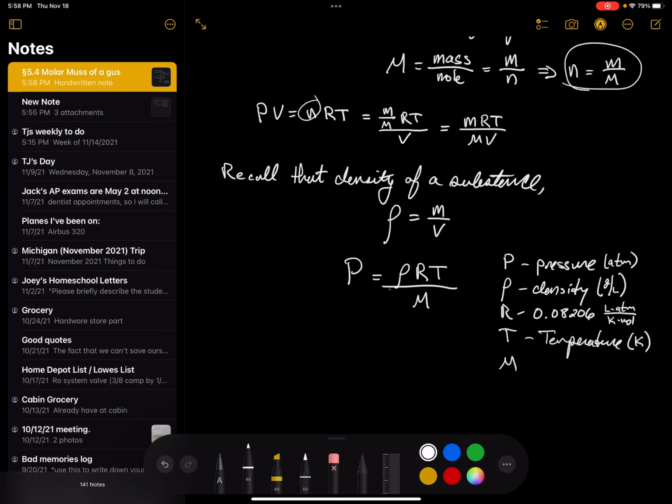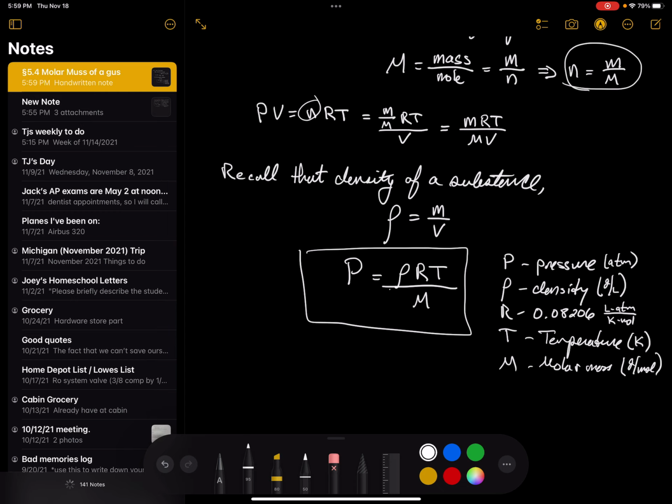And molar mass M is usually grams per mole. Okay? But you have to be careful about these units. And that's why I am such a stickler for units. You really have to keep track of them because sometimes these parameters change or you're given values with different units and then you have to make adjustments accordingly. Okay? But this is a nice form of the ideal gas equation written in terms of density and molar mass as opposed to written in terms of number of moles.